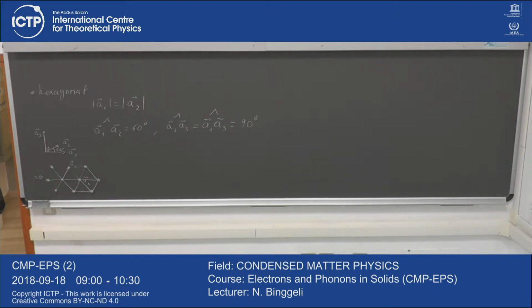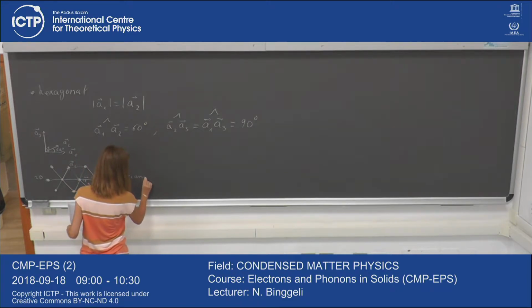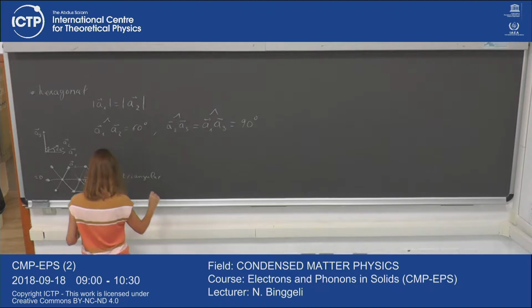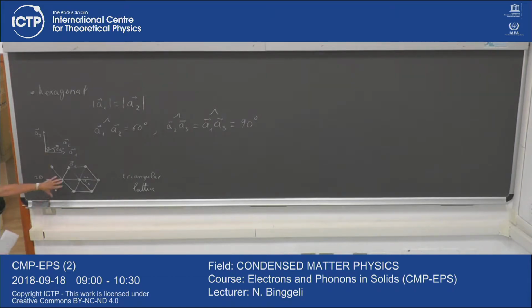So this is the lattice that I have in 2 dimensions, and this is also a Bravais lattice, and it's called the triangular lattice. So in 2 dimensions, the Bravais lattice defined by 2 vectors of the same length and with an angle of 60 degrees is called the triangular lattice.